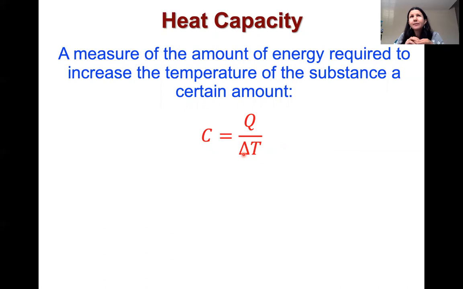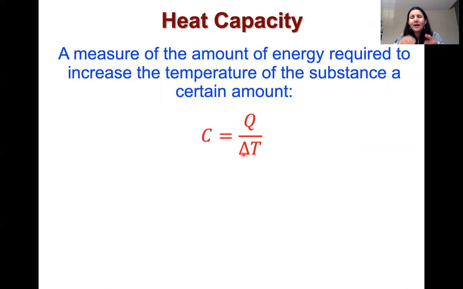So you could kind of think about heat capacity as the resistance to temperature change, or another way of putting it is how difficult is it to change the temperature of a certain substance.